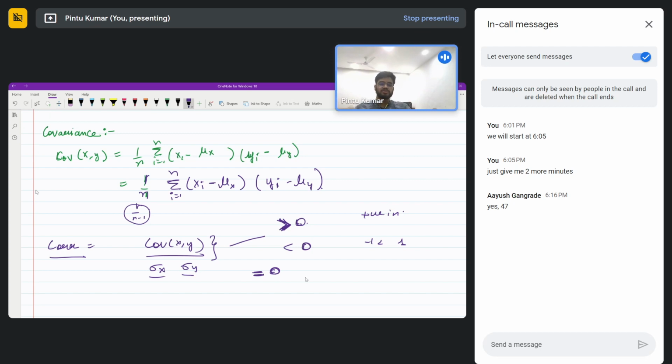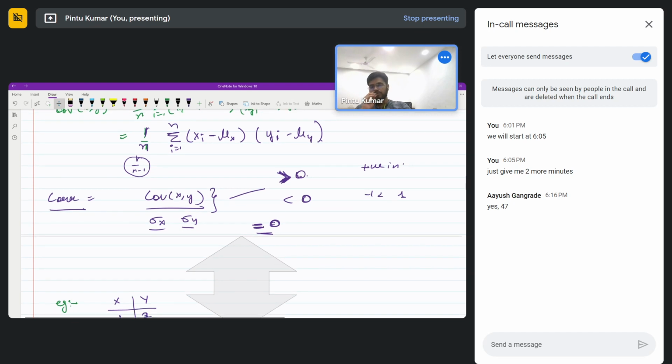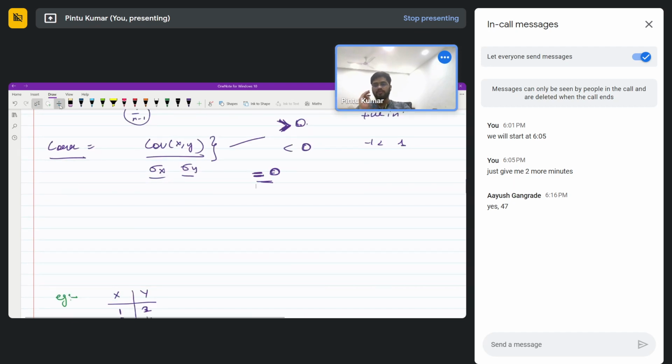I think there is a question also based on when your covariance is 0. The point that I want to make is that when your covariance is 0, your features need not be independent. I can give you a counter example also. I'll try to cook up a counter example.